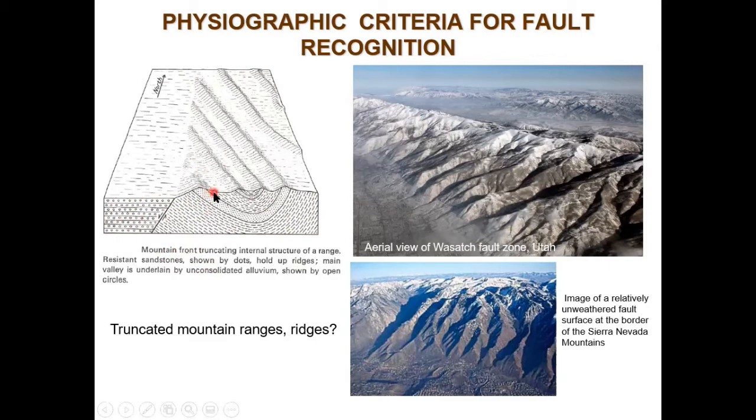Still, this piece of basement rock will hang in there in the hanging wall, and on top of this down-dropping block will be filled by newly coming sediments, because deposition will be a continuous process in this case. As the footwall block gets uplifted, it becomes a source area for the basin on the other side. If the hanging wall moves down and creates a topographic depression, it becomes a basin. As the footwall block gets uplifted, it becomes a horst in this example, and that horst, or uplifted footwall, becomes a source area for sedimentation.